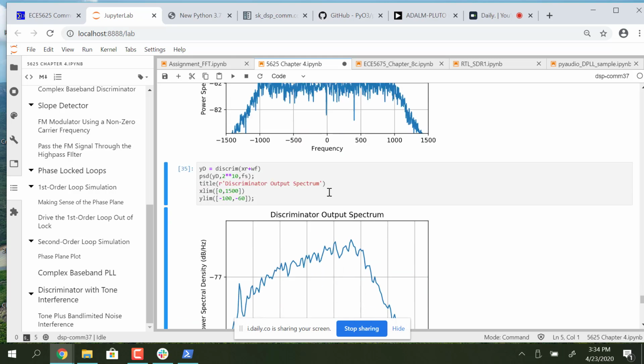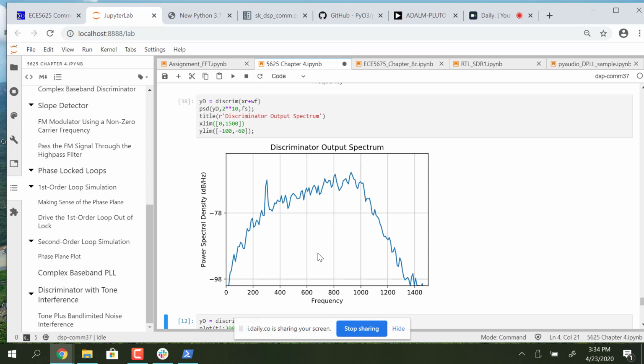Now we'll look at the spectrum at the discriminator output, and we'll see the tone is sticking up even further, and the noise is right there along with it, sloping up in frequency as you move further away from DC. So this is what noise does in a receiver front end.